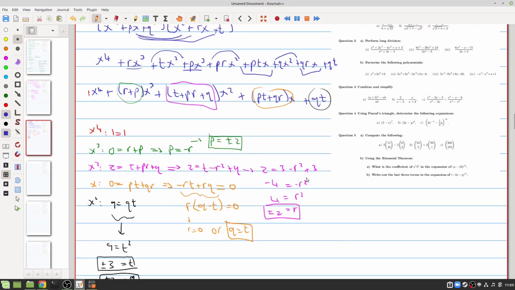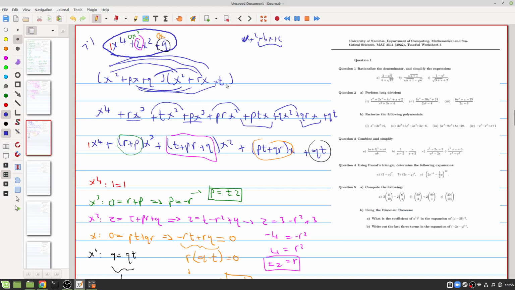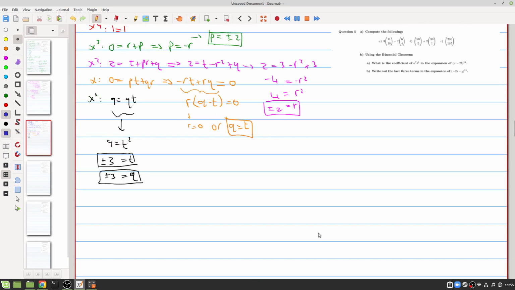Okay, so we said it's going to be this, right? So let me just rewrite that down here so we see what we're working with. So x squared plus px plus q, and x squared plus rx plus t. Okay, so plugging in our values, that'll give us in the first bracket x squared, and let's start with the positives.